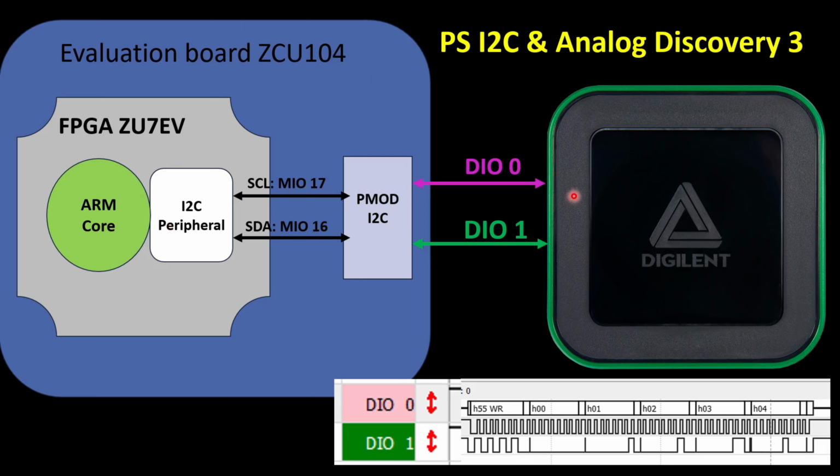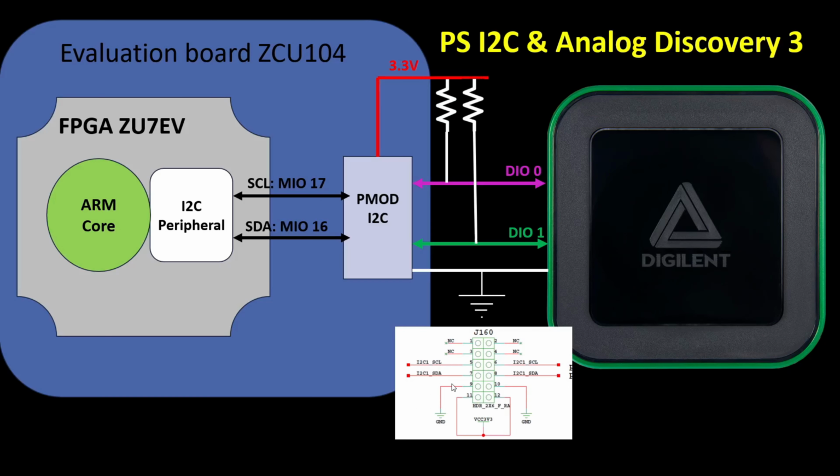For example, in today's training, I'm going to use the Analog Discovery 3 for debugging and to observe all the transferred packets in the I2C network. That's really nice. It helps us to understand how the I2C works. Usually before we connect our sensors or our A to D or D to A, we first test the protocol with one of the debugging tools like the Analog Discovery 3.